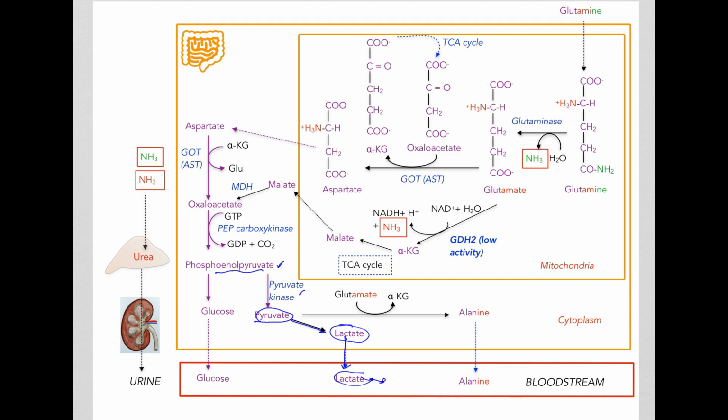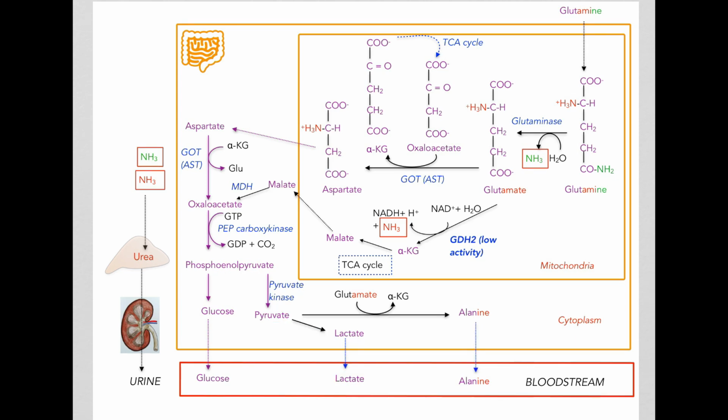So this lactate can go to gluconeogenic organs, especially the liver, and be used to make glucose if necessary. The pyruvate can also go through a transamination reaction in the enterocytes, and that gives you alanine, which is exported out into the bloodstream. So the small intestines do produce glucose, lactate, as well as alanine.